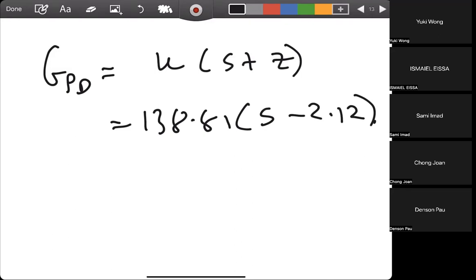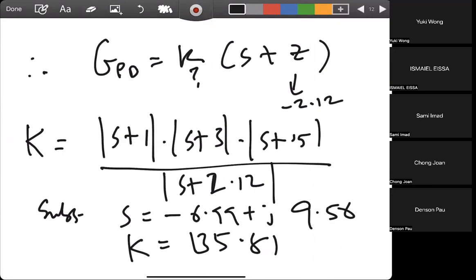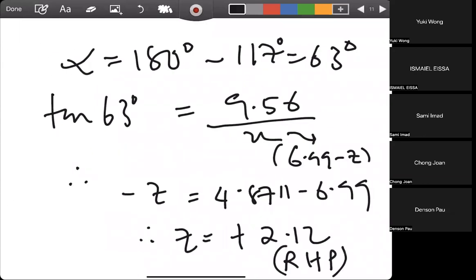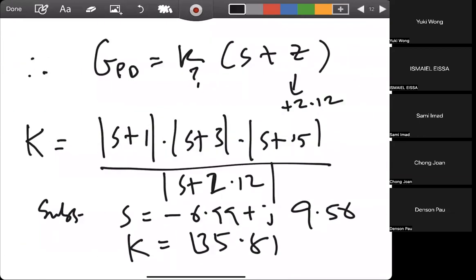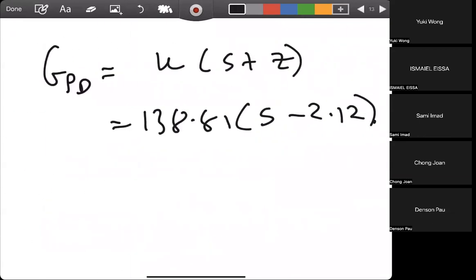Sorry, it's not, it's minus 2.12. So it's supposed to be positive. Okay, it's positive value 2.12.